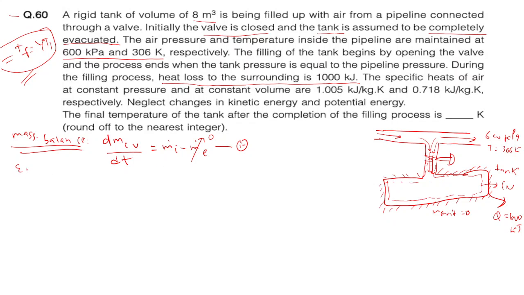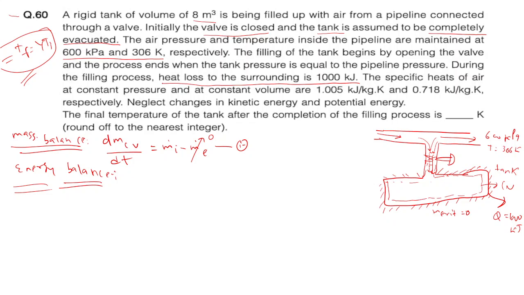Now coming to the energy balance. I am doing it from the start because next time they will add some pipe here and some mass would be going out. That will be the next problem, correct? So we will do the energy balance.